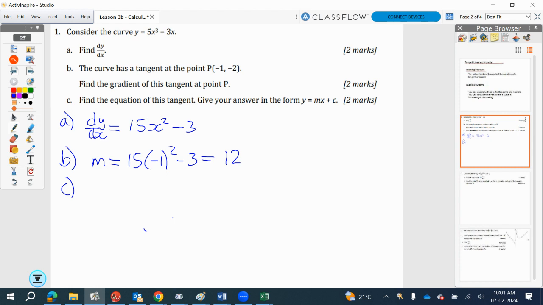Let me give everybody a chance to have a go. I think I will go straight to the mx plus c form for this question. The way it's structured, with the information we've got so far, it gets to the c pretty quickly.